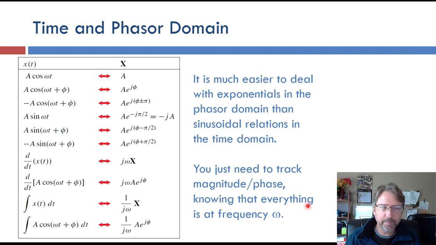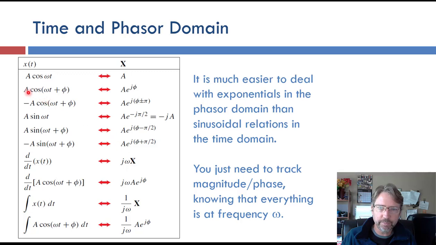Okay, so here's a table of a bunch of transforms going from the time domain to the phasor domain. So A with a phase of phi becomes A e to the j phi, or we can just write it A with that angle sign and phi. The other really important one here is this: the derivative of a function is j omega times the transform of the function.